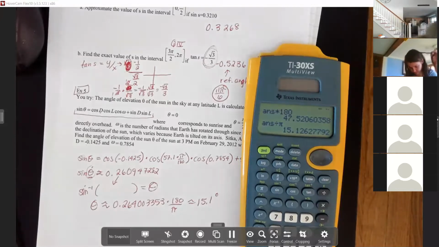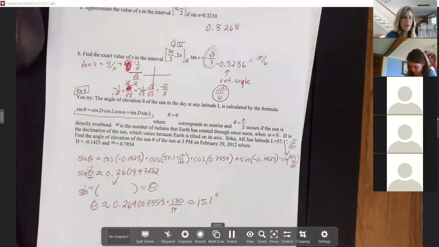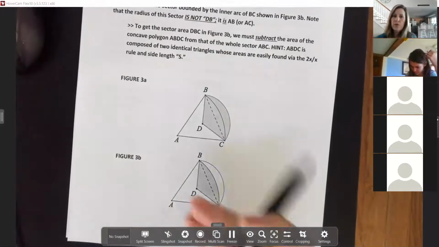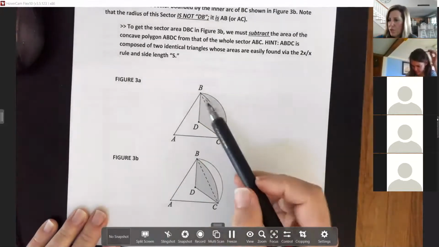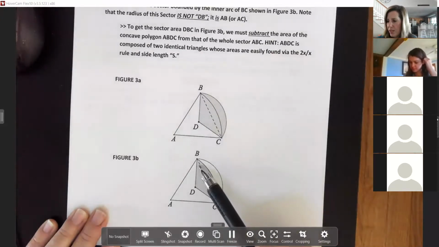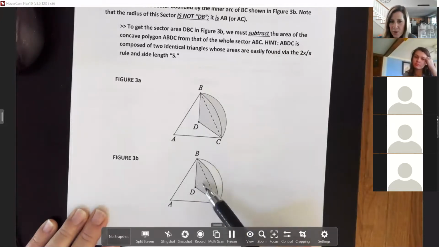I'm going to try to pull it up. All right. So here's 3A and 3B. Just a reminder, you take this whole area of that sector and you subtract out this one that looks like a sector, but remember we talked about the sector is really this whole thing.